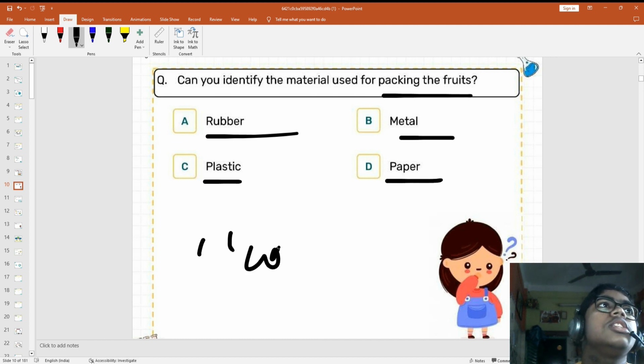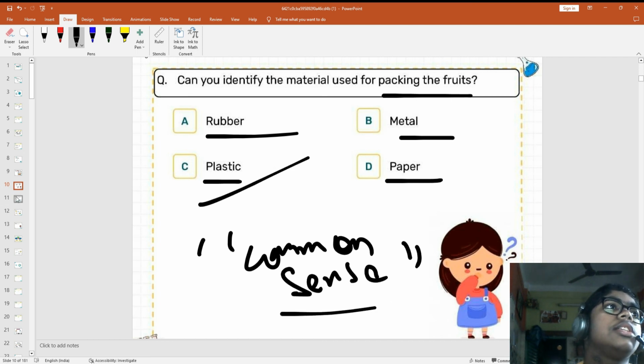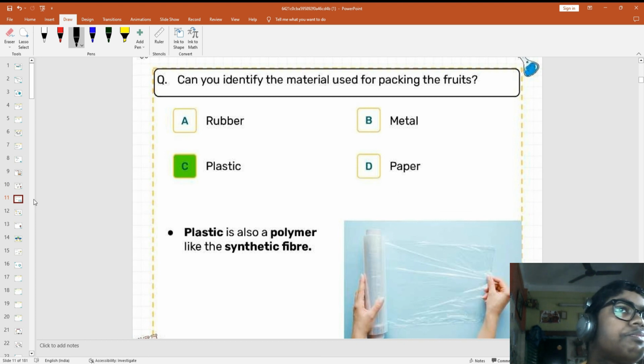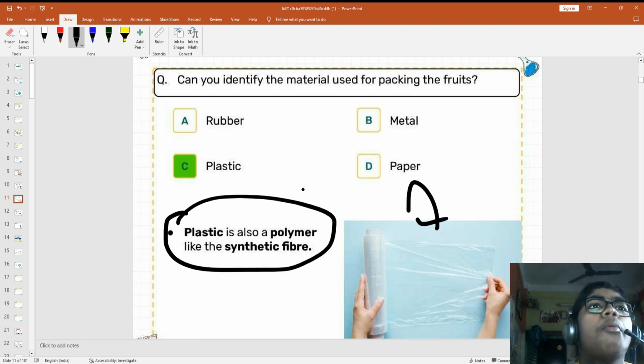Use your common sense. Again I am telling you, think about what topic we are studying, and that topic is the answer: plastics. So you know that plastic like this is used for wrapping food, right? Plastic is a polymer.